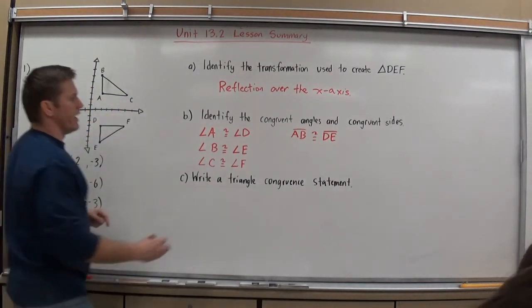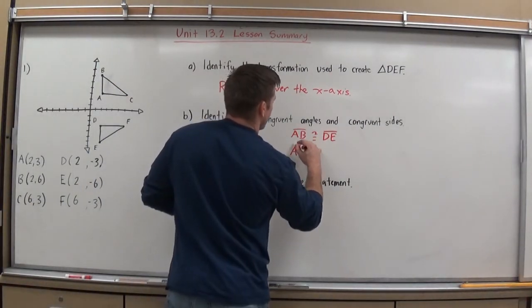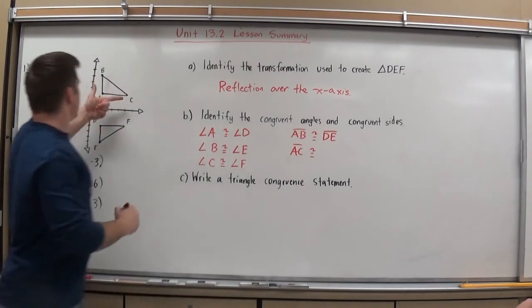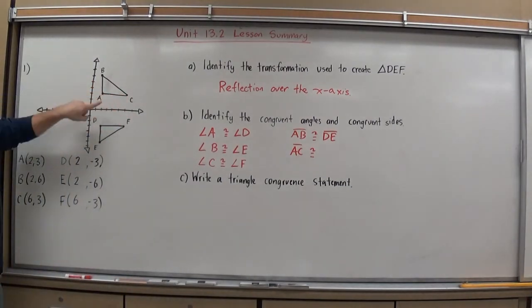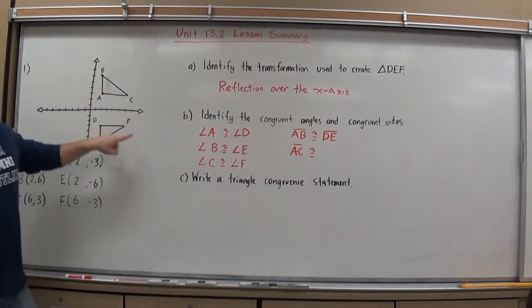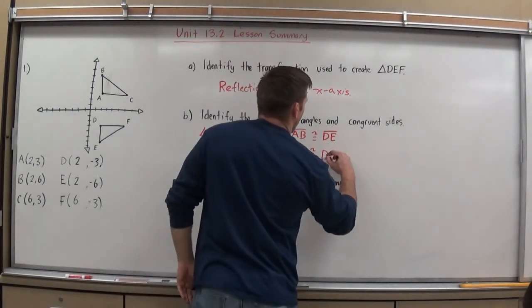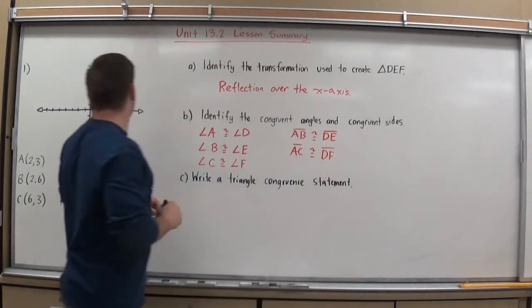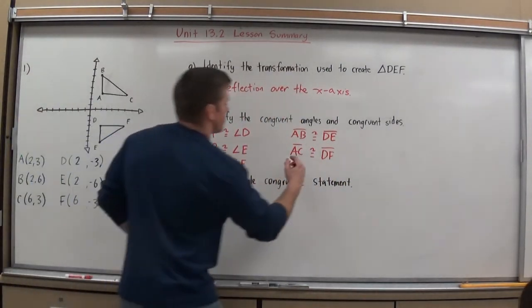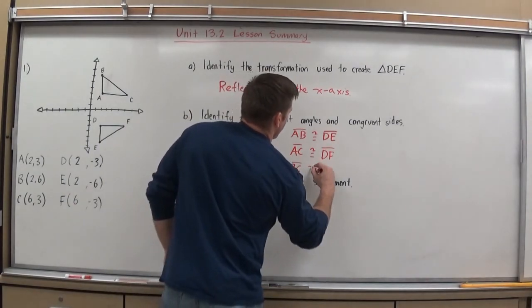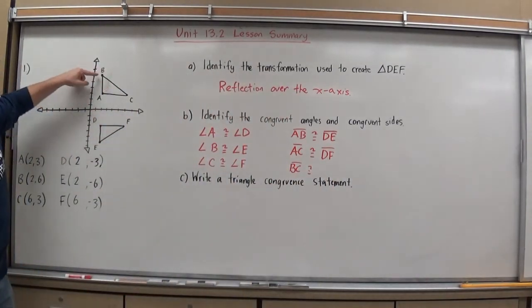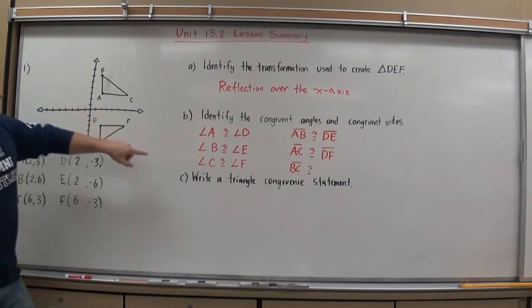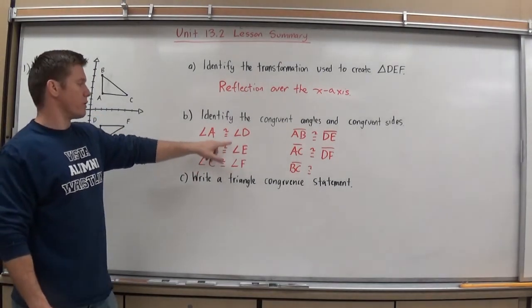Next segment is the base, AC. AC, when reflected, matches with DF. AC is the order, so DF is now the order. And the last segment is my slant segment, BC. It should match the slant segment in the other one, which would be E to F, and I can check with what the angles say they're congruent to get that.